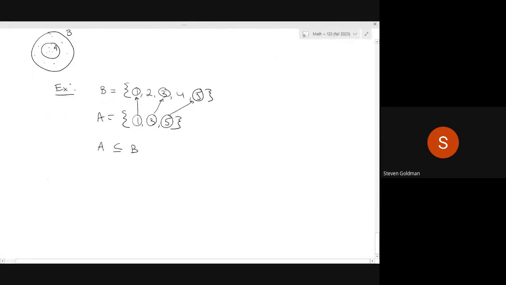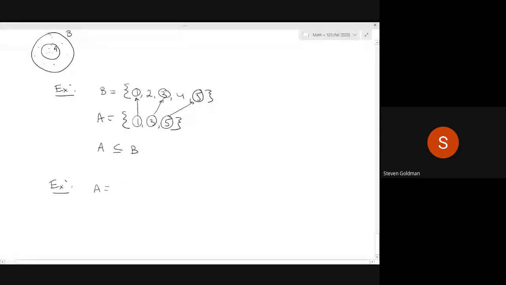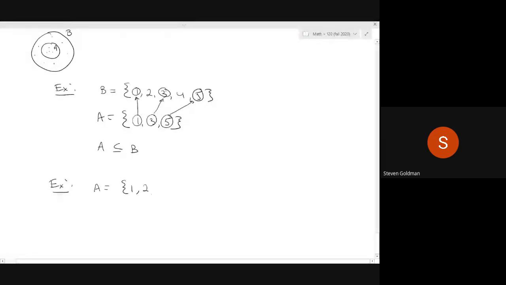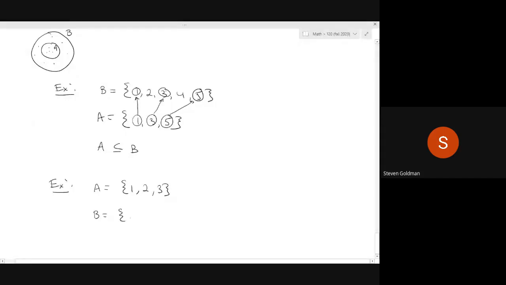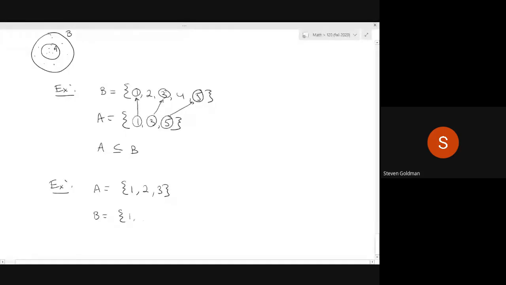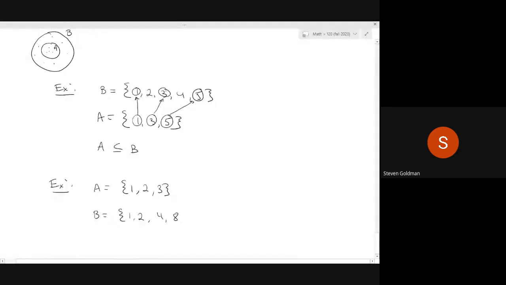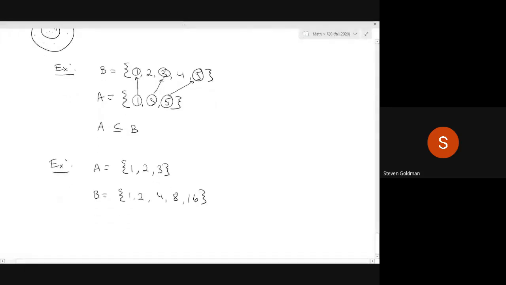Okay, let's see another example. Let's say A equals 1, 2, 3, and B equals 1, 2, 4, 8, 16.